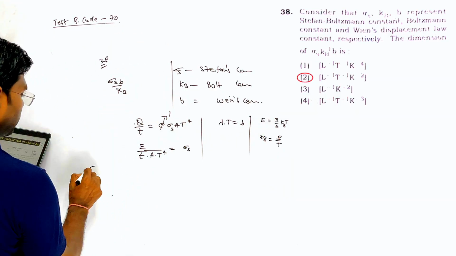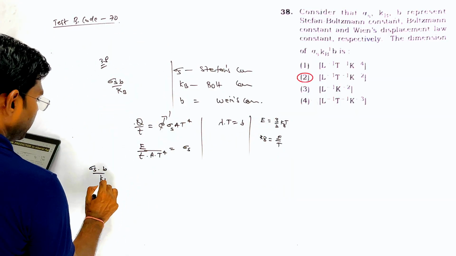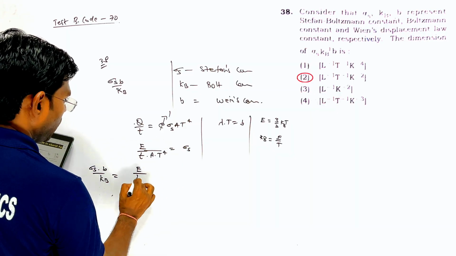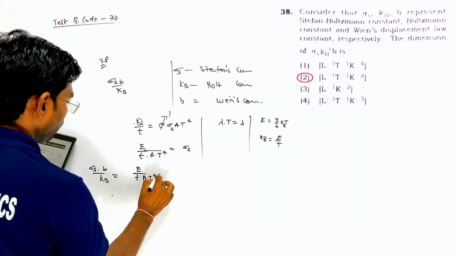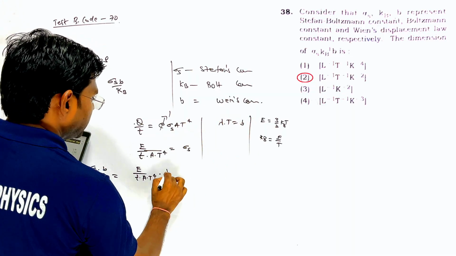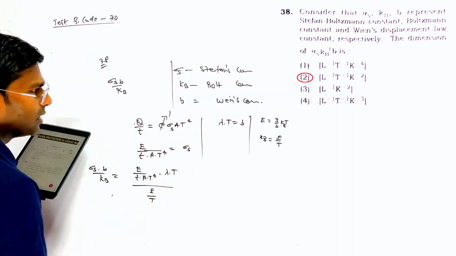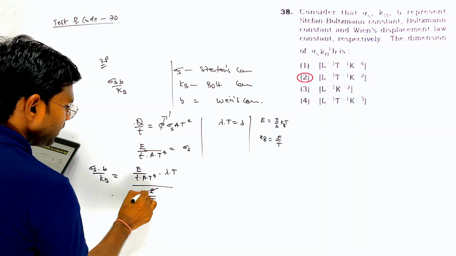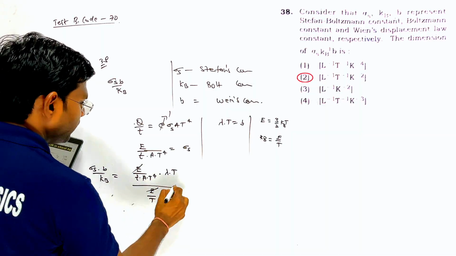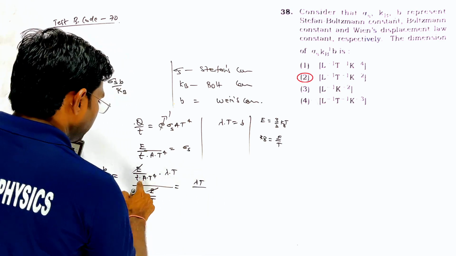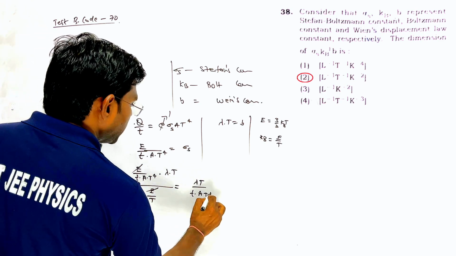So therefore sigma s into b upon Kb. Sigma is E upon T into A into T to the power 4. What is b? b is nothing but lambda into T. What is Kb? It is nothing but E by T, right? So E will cancel out, one T will cancel out. So in the numerator it is lambda T, and in the denominator T into A into T to the power 3.